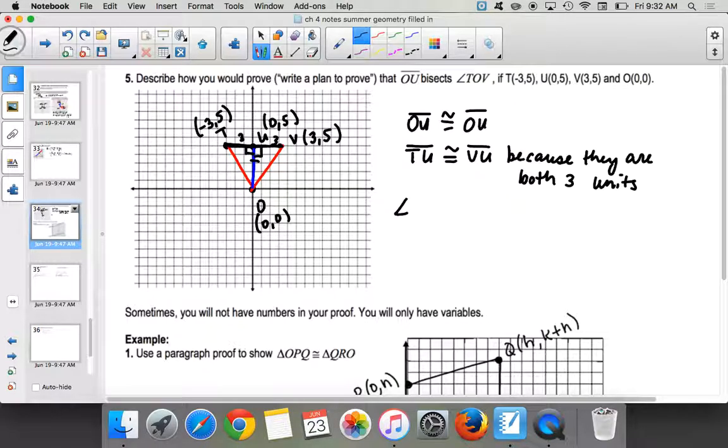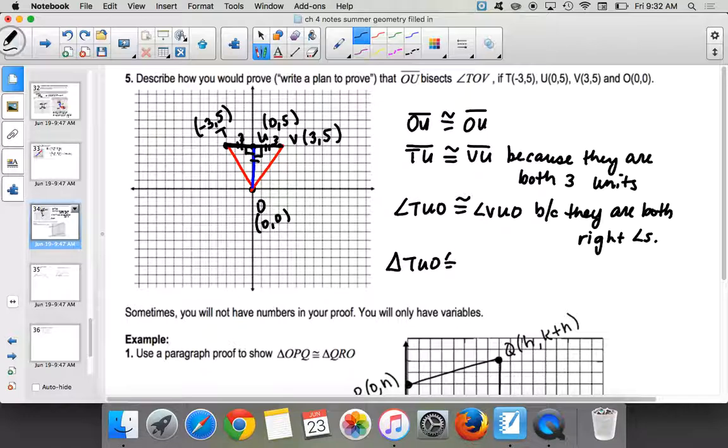So angle TUO is congruent to angle VUO because they are both right angles. So then can we say that the triangles are congruent by side angle side? So triangle TUO is congruent to triangle VUO by side angle side.